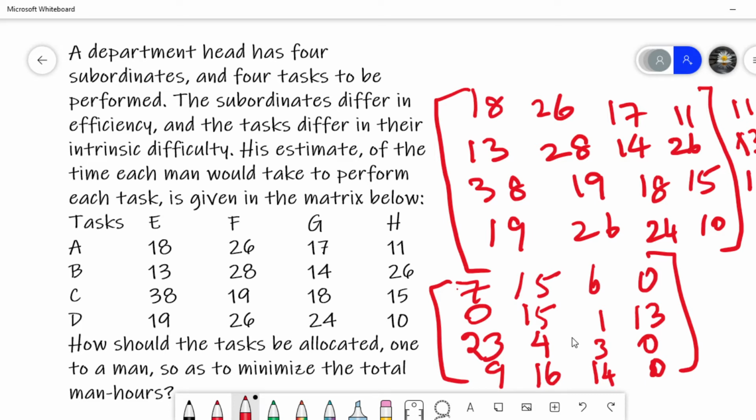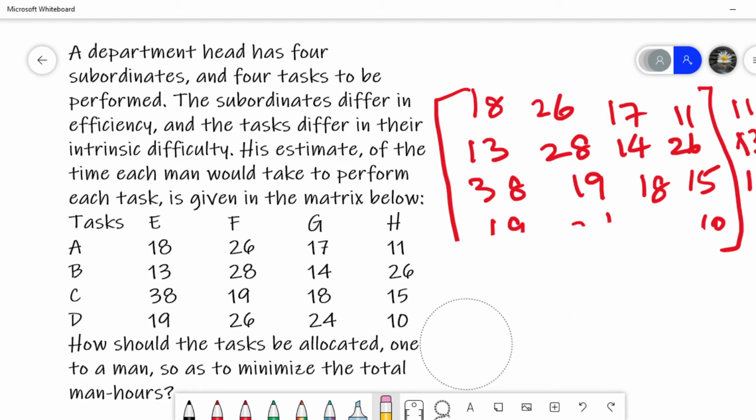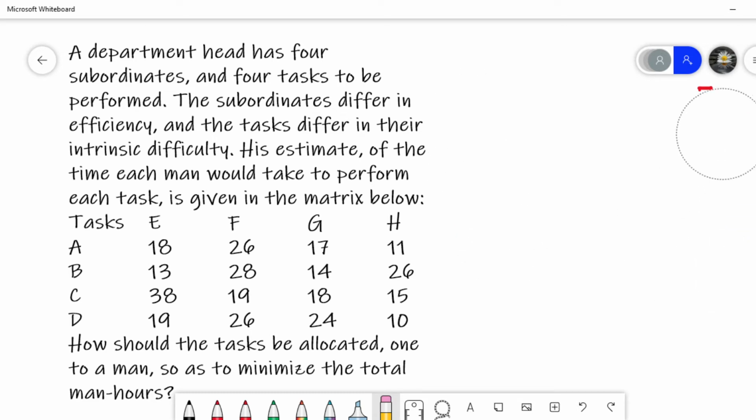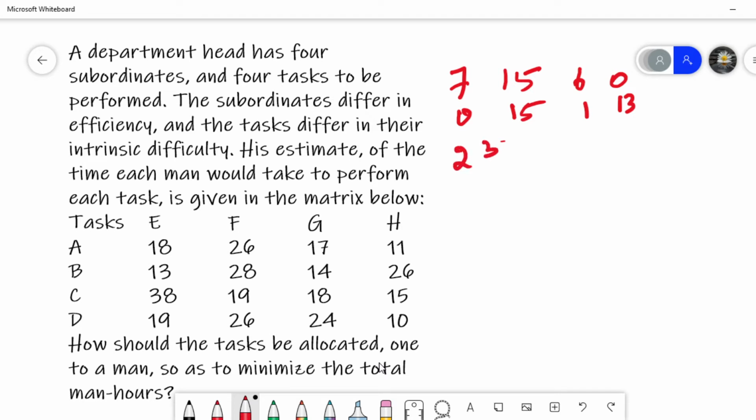Then we are going to do the column reduction. After row reduction, we have the values 7, 15, 6, 0, 0, 15, 1, 13, 23, 4, 3, 0, 9, 16, 14 and 0.